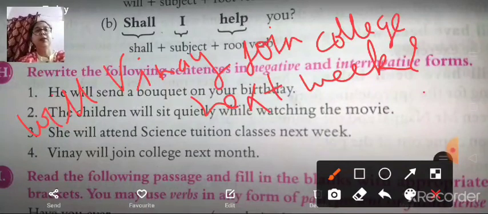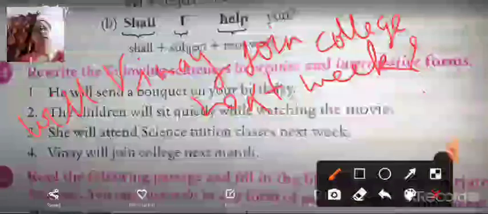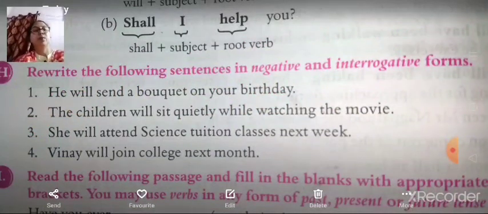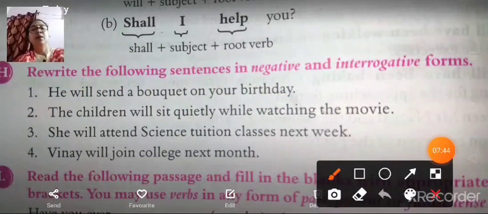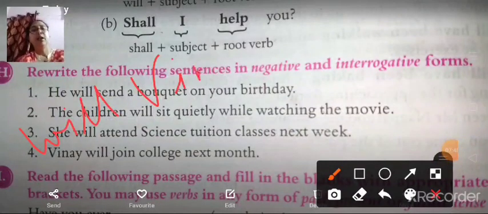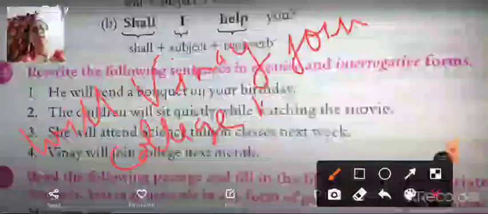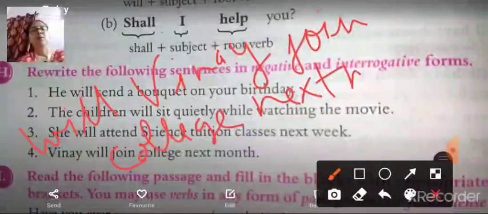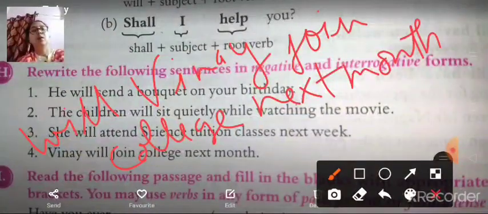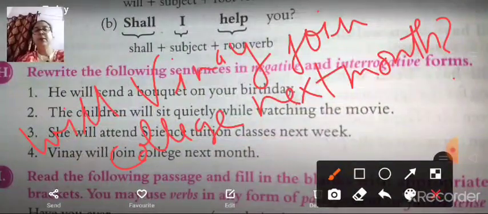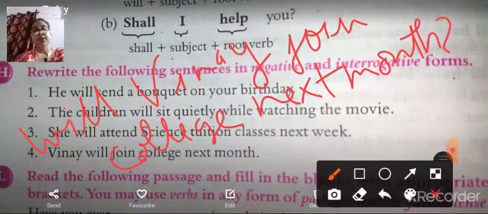Next week, next month, sorry. Will Vinay join college next month? Question mark will be placed. So this way we have completed exercise number H.